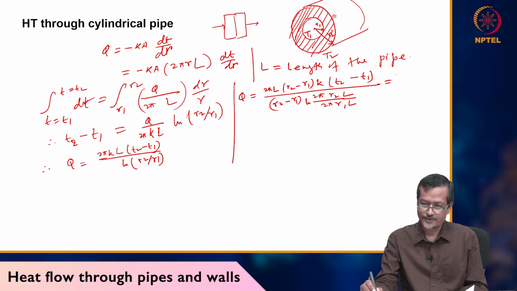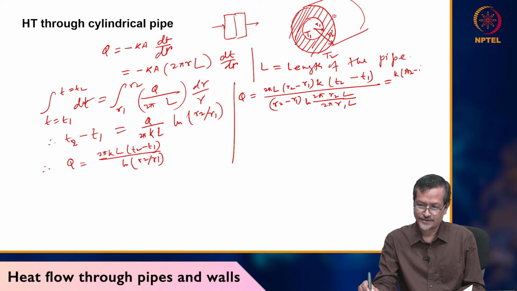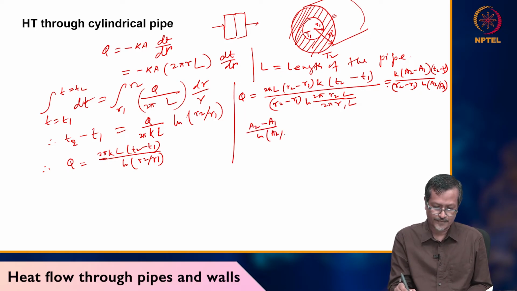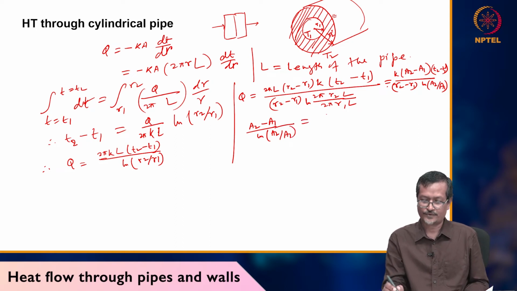So this will give K (A2 minus A1)(T2 minus T1) divided by (R2 minus R1) times the logarithm of A2 by A1. Now A1 and A2 are the inside and outside surface areas.